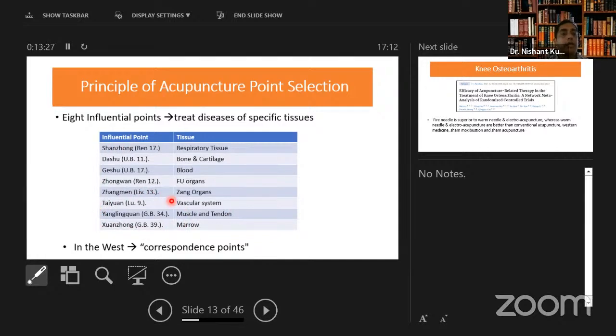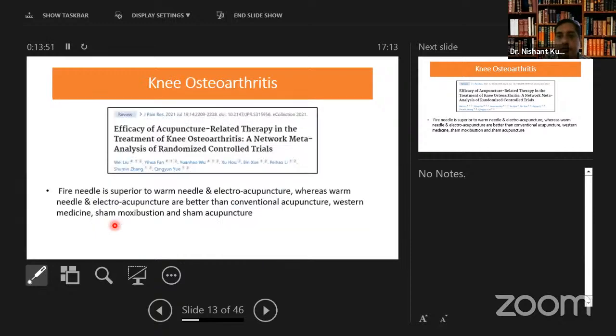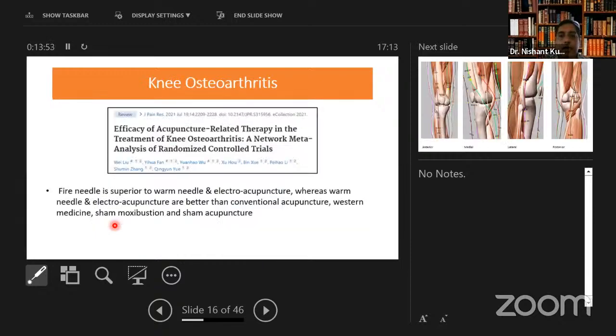There are others too, like bone marrow, but for bone and cartilage, as in osteoarthritis, you should use UB11. And for muscle pain or trapezius myofascial pain, you go for GB34 along with your other therapeutic points. I think knee osteoarthritis is the most commonly studied disease for acupuncture, and it has been found to be beneficial.